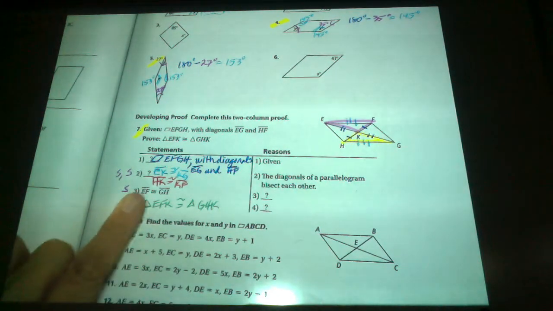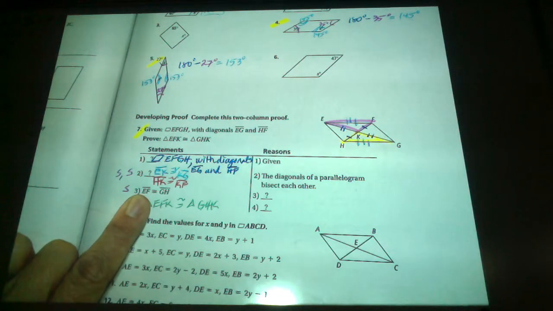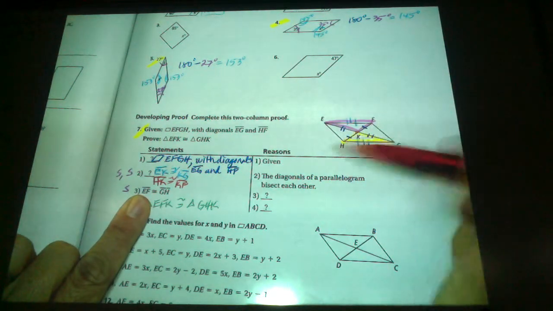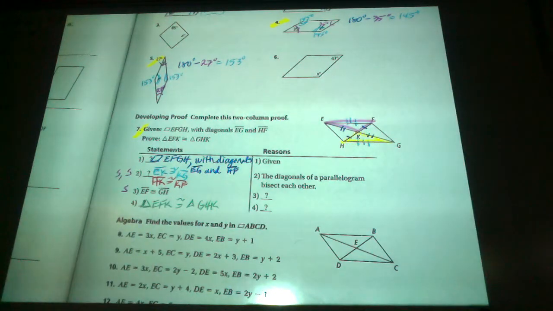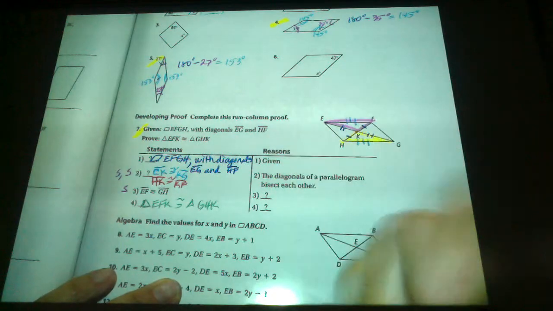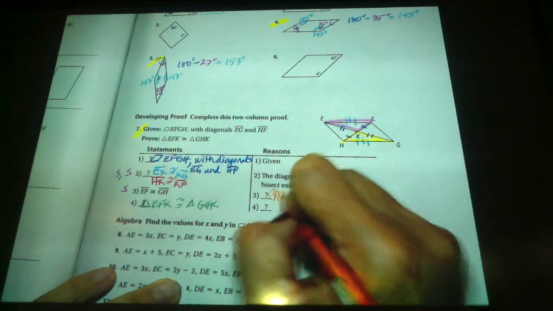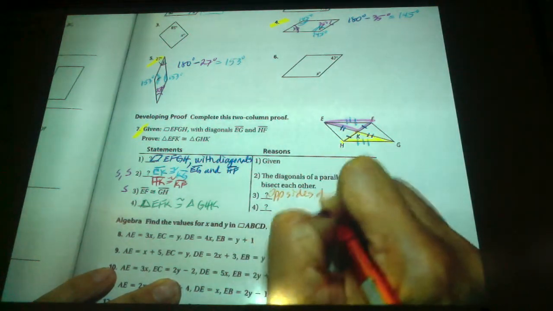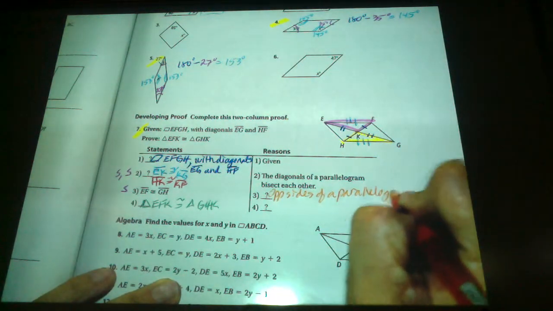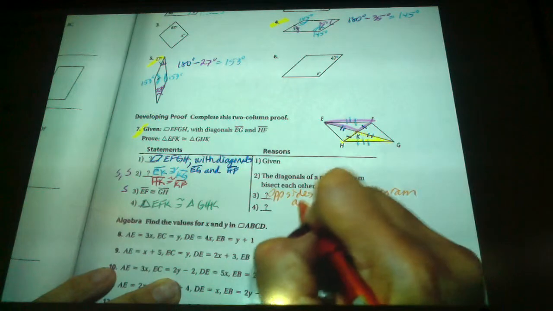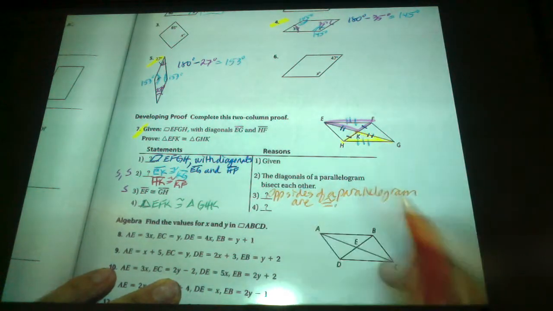Plus then those pieces are equal. What is EF and HG to each other? Okay, so that means that we're going to put in here opposite sides of a parallelogram are congruent.